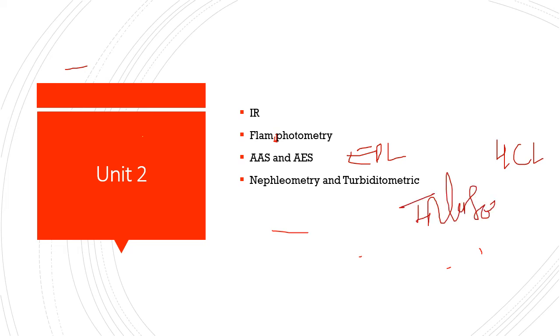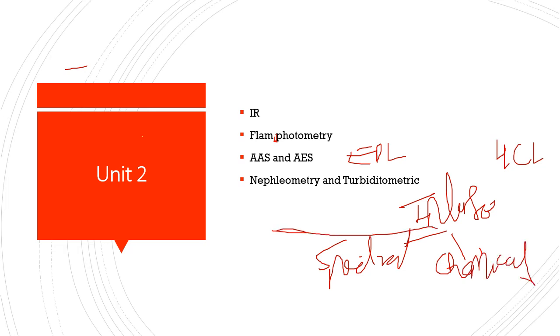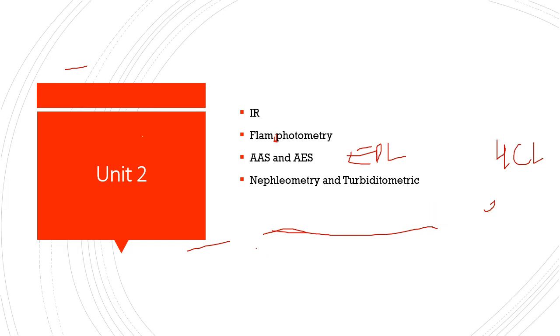There are different interferences like spectral, chemical, ionic. These are the different types of interferences. Now, in interferences, you have mostly cationic and oxide. So only that is to be studied.